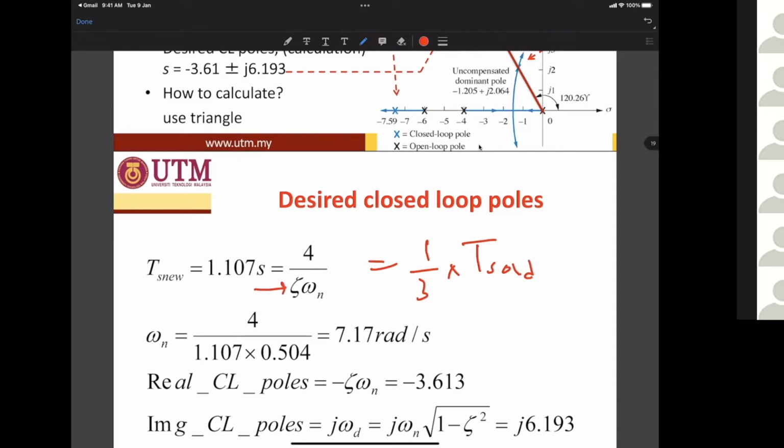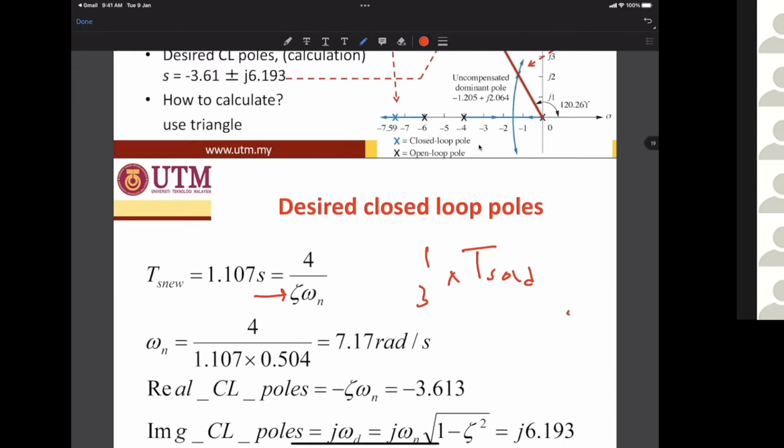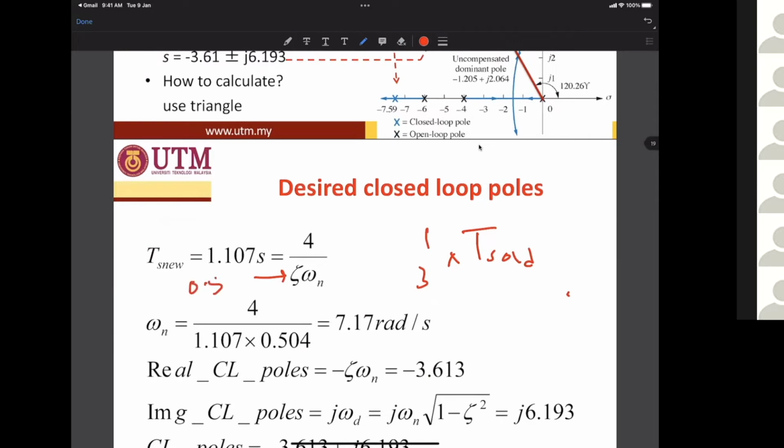Tetapi zeta tak berubah. Zeta tetap pada 0.504. Yang berubah adalah omega n. Jadi omega n sama dengan 4 bagi 0.504 multiplied by 1.107, which is the new settling time. So this is the new omega n. Okay, omega n new 7.17.